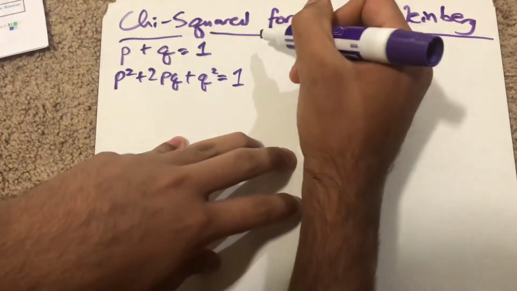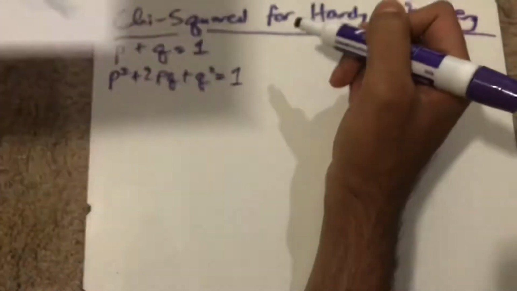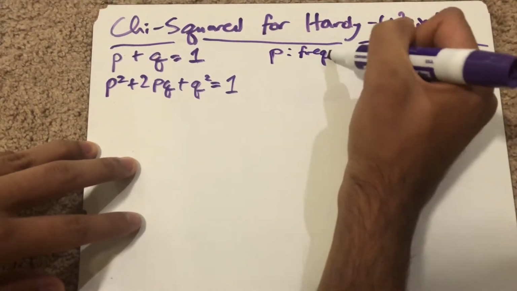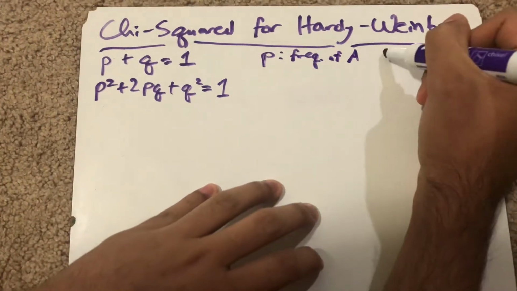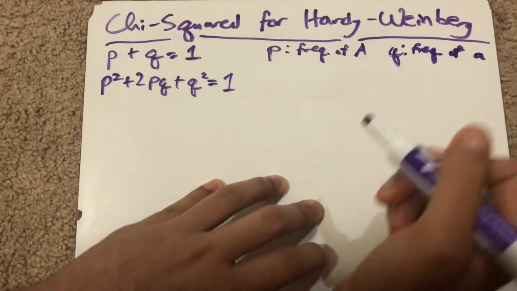P, of course, they tell you in the problem, it's in the formula chart itself, is basically the frequency of A, the dominant allele. I'm going to call that A in this video. Q is the frequency of little a, the recessive allele.